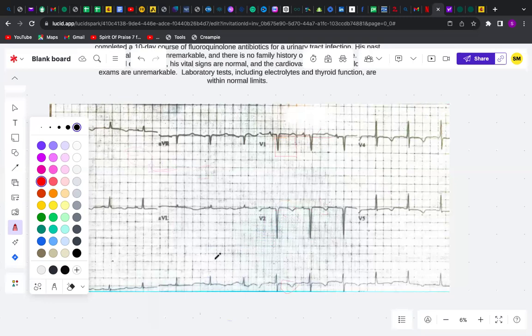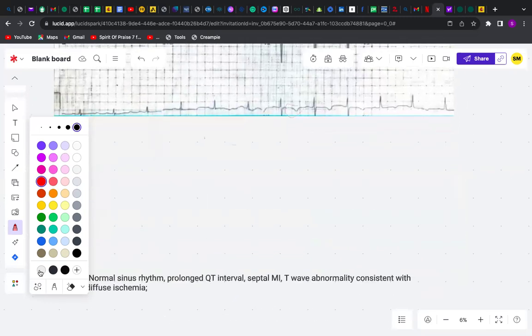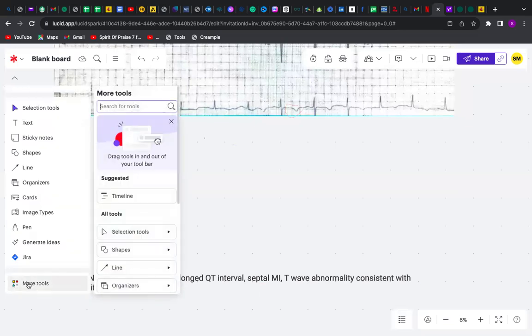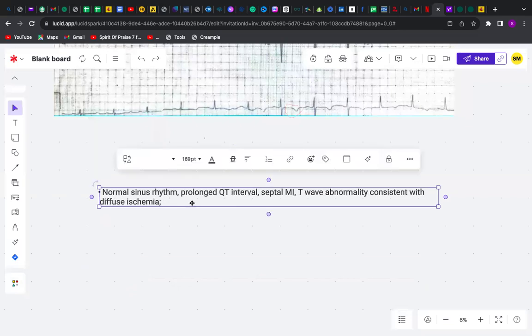So let's learn about what the QT prolongation actually is. Like the diagnosis I said: normal sinus rhythm, prolonged QT, and then we have the septal MI and the T wave abnormality, which is consistent with a diffuse ischemia, right?